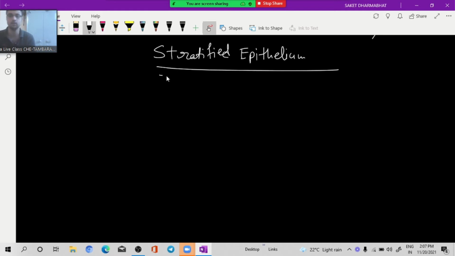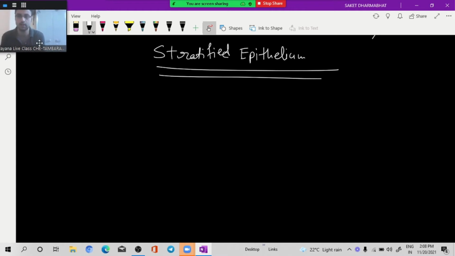As I have told you, the epithelial tissues are of two types, simple epithelium and compound epithelium. Simple epithelium means what? A single layer of cells. Second is compound epithelium. Under the compound epithelium, two types are coming, stratified epithelium and transitional epithelium.